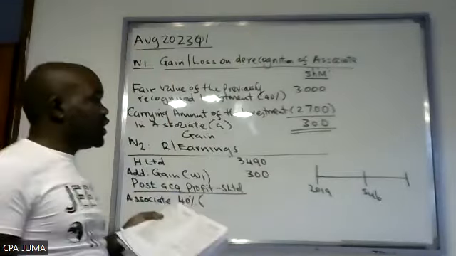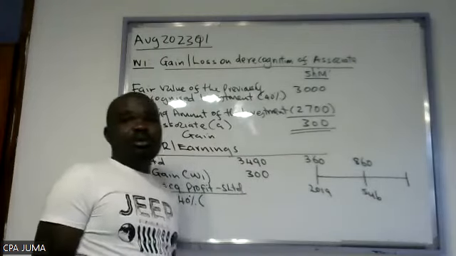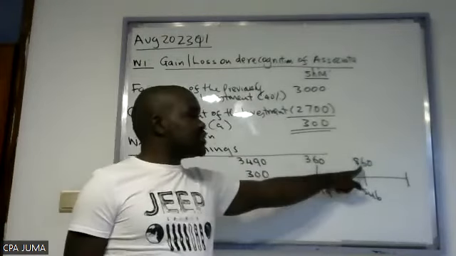In additional information number 1, how much was the profit on the date of the top up? Kindly somebody check for me. On the date of the top up, how much was the retained profit when they topped up additional shareholdings? Yes, 860. So the date they topped up, the profit was 860.